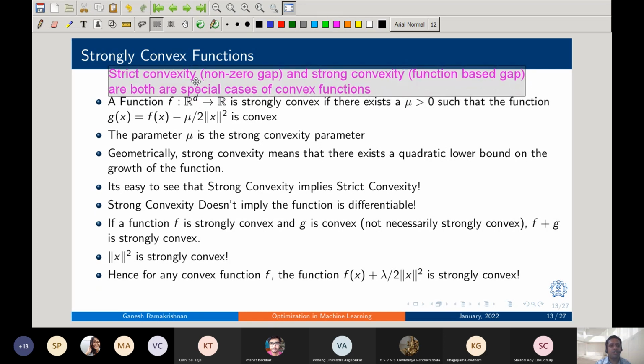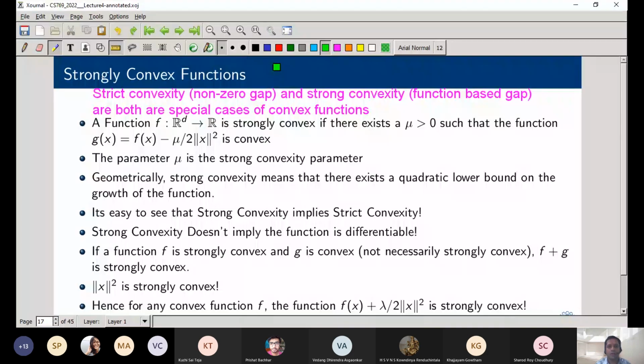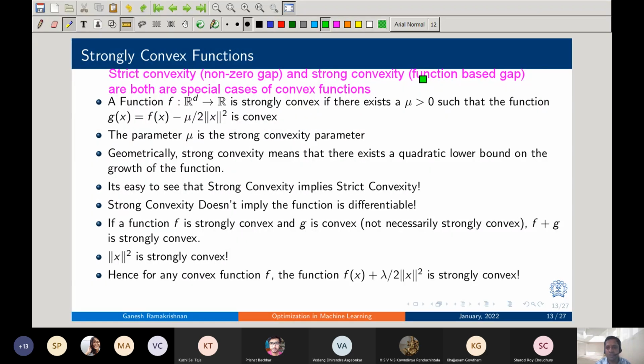So what is a functional gap here? Well, this function-based gap here is mu by 2 into norm x square. This mu is called the strong convexity parameter. I must tell you that this is just one form of functional gap.